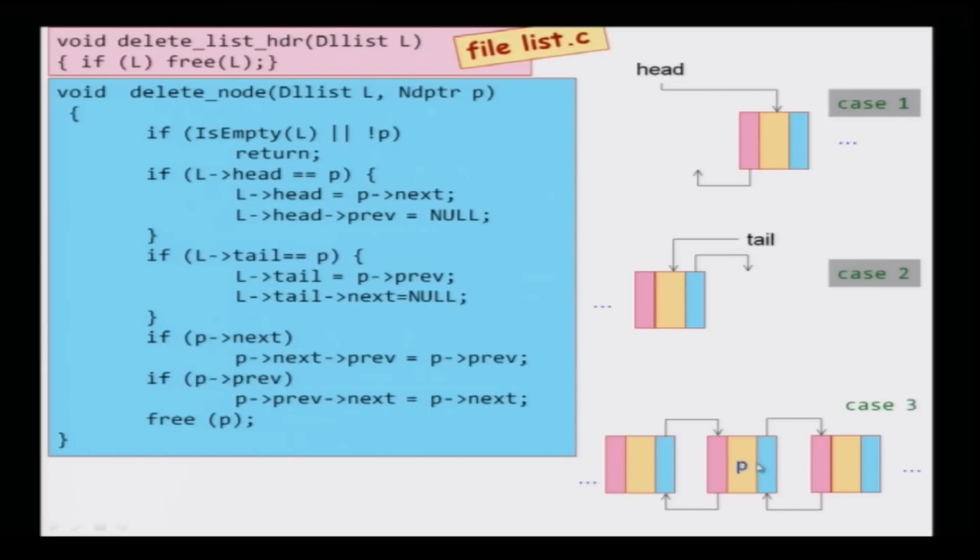So, P previous's next node should be the next node of P. So, this link should point to the node after P. So, that is the first thing. We will make this node point to the node after P, and this node's previous should point to the node before P. Okay. So, we will reset the links.